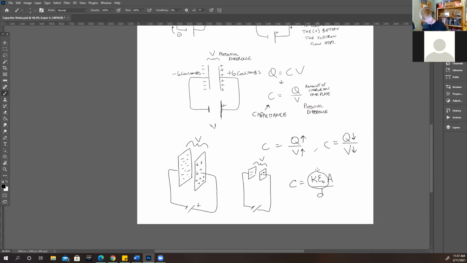These are just numbers, so I will let you look that up in your lab. But here we have A, the area of the capacitor. How big are these plates? And this D is the distance between the two. So just increasing the distance can change the capacitance of a capacitor, or getting them closer together.